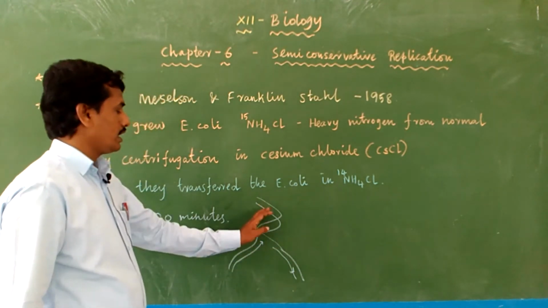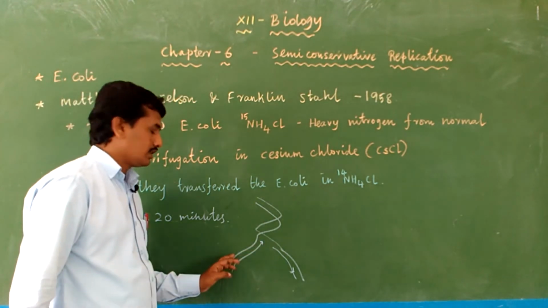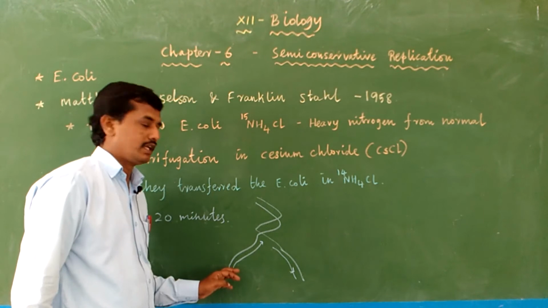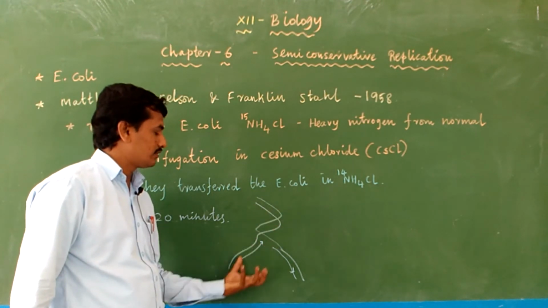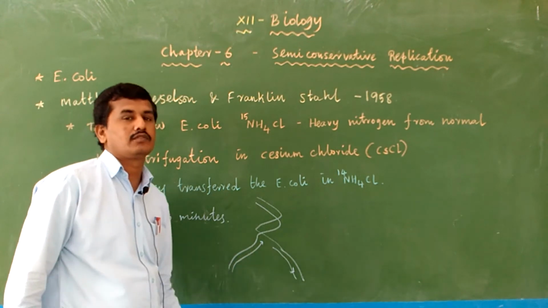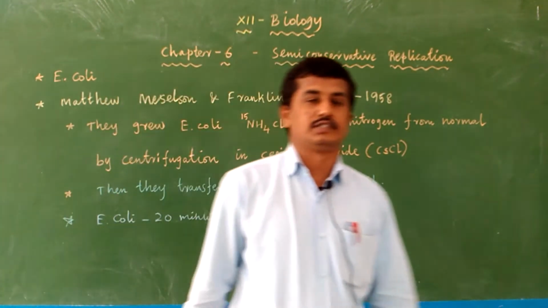So one DNA separates and forms a polynucleotide chain dependent on the parent DNA, that is the template DNA, and a new DNA is produced. So after the replication process, from one DNA 2 DNA are formed. This is the basic scheme of replication.